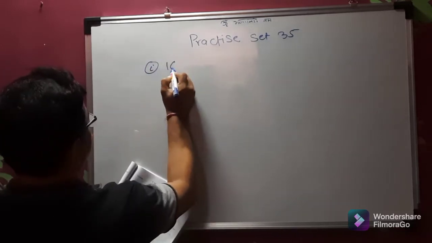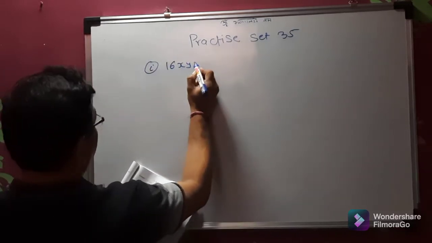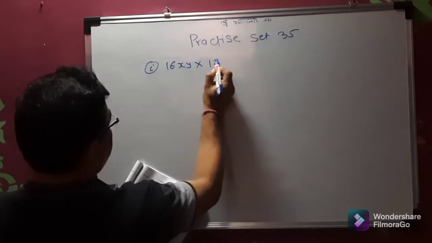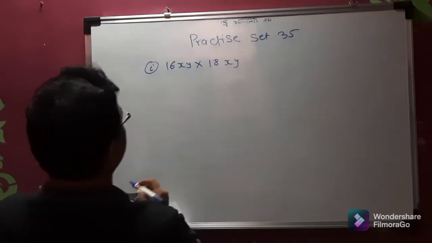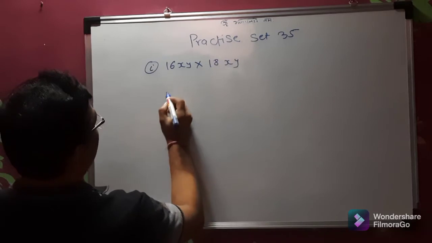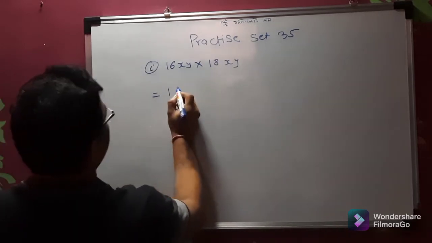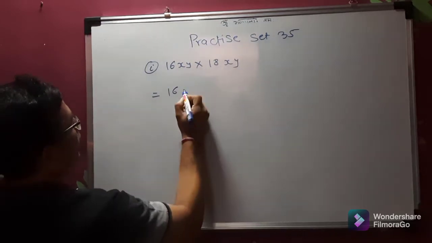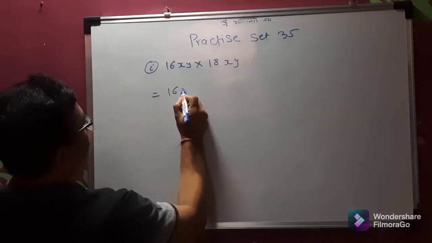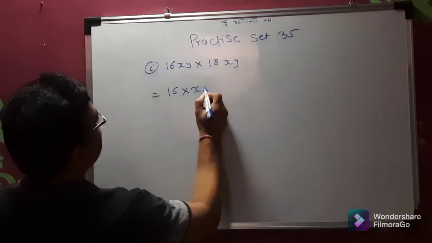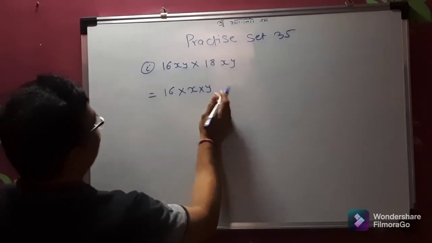This is 16xy multiplied by 18xy. So we will do one thing. Here we take the numbers on one side: 16 into x into y.